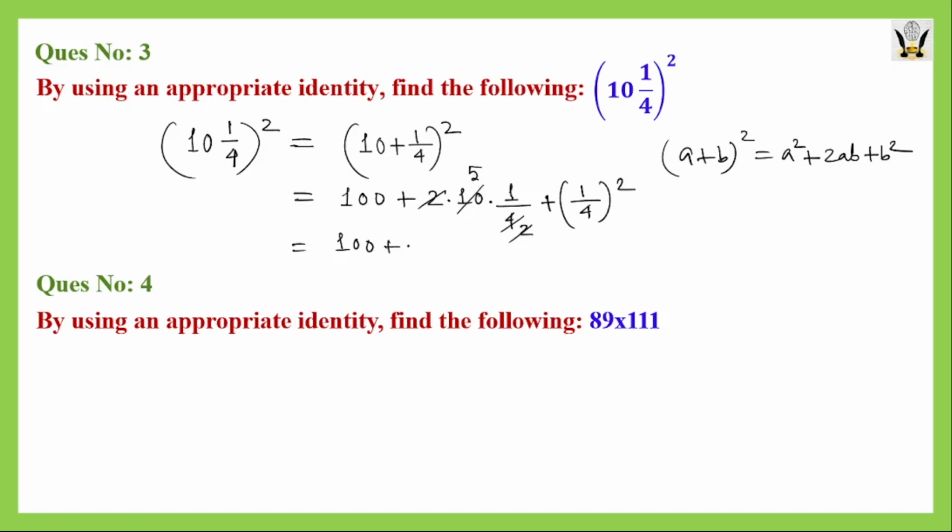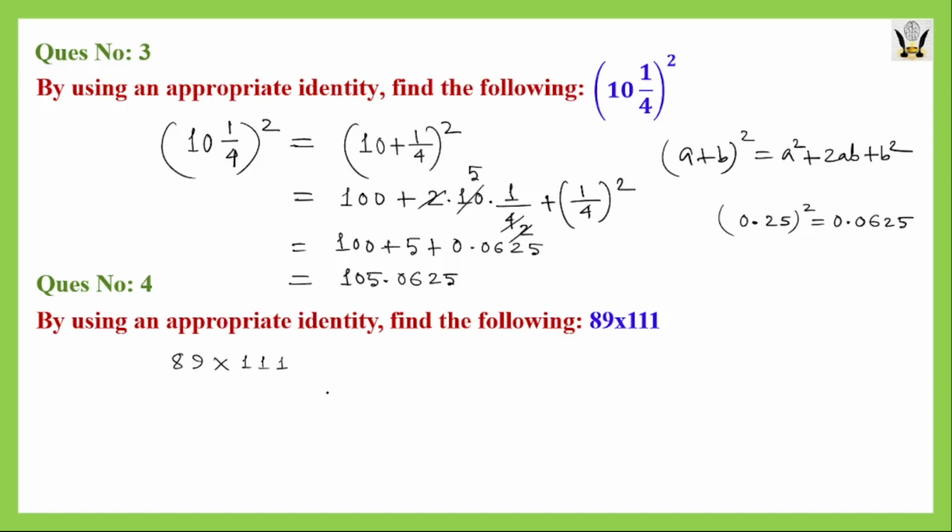So it will be 100 plus 5, and then 1 by 4 is 0.25, and the square of that will finally be 0.0625. When we sum these three terms, it will be 105.0625.